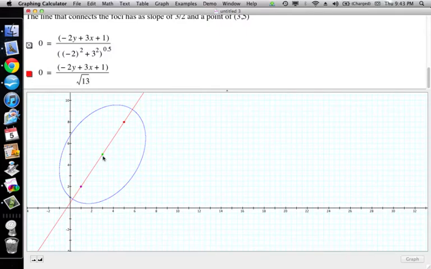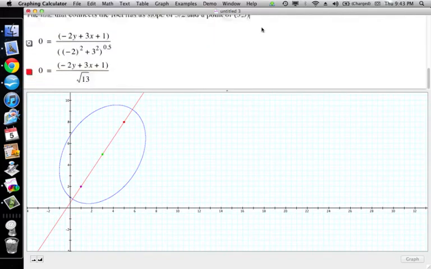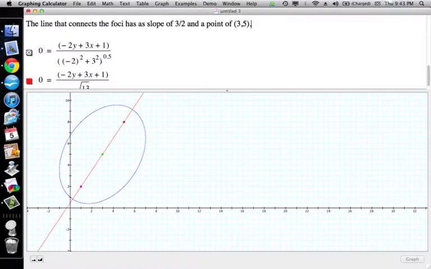Now, next, find the line that defines the semi-minor axis.